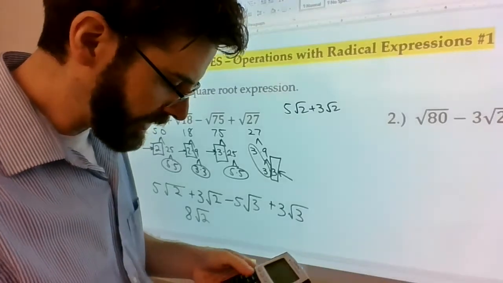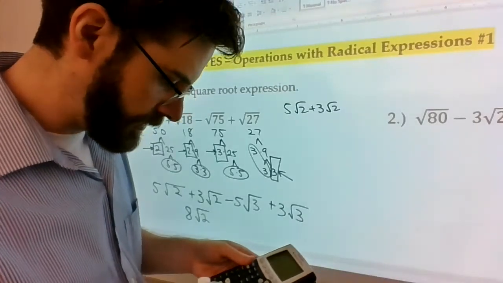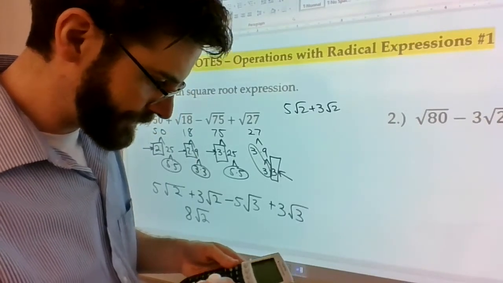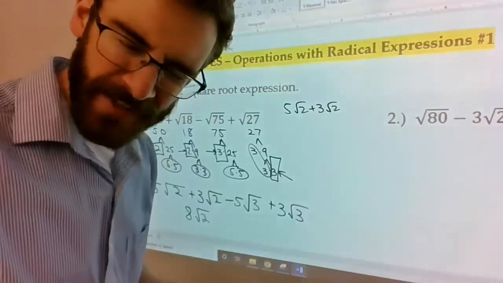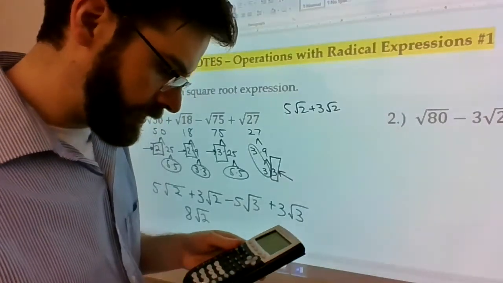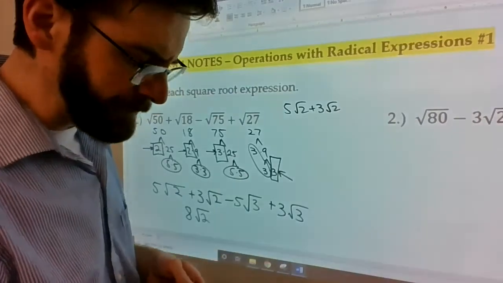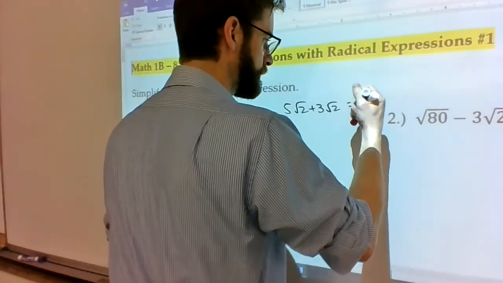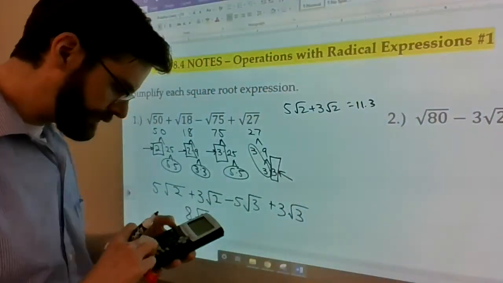I did the same error again. Wow, okay. Sometimes technology can be frustrating. But we carry on. Okay, 11.3. 8 root 2.